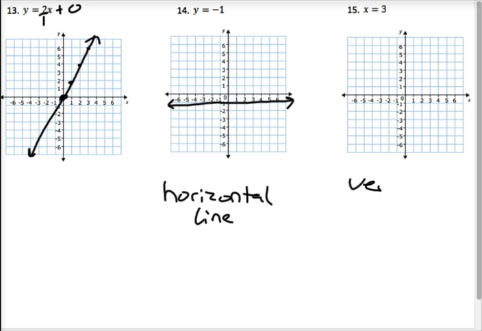If you ever have an x equals, remember that is giving you a vertical line because that vertical line represents every point that has an x value of 3. So I will tell you on your quiz, one of those special cases is going to appear. So you need to make sure that you remember that y means horizontal line, x means you're getting a vertical line.